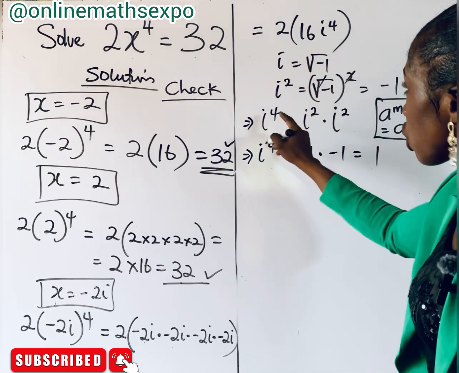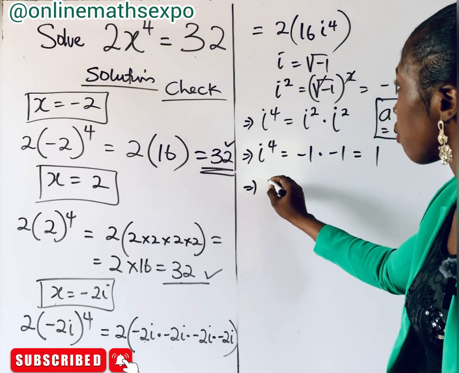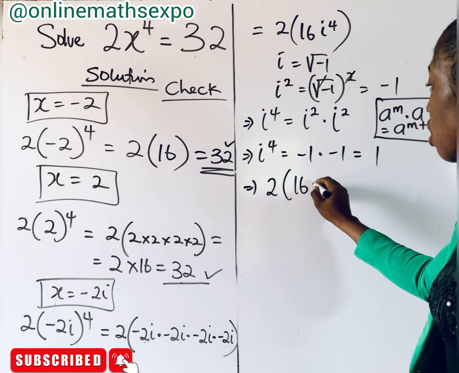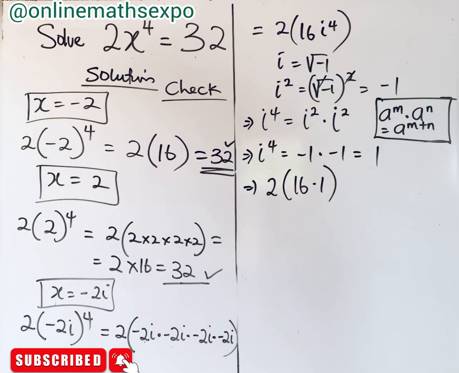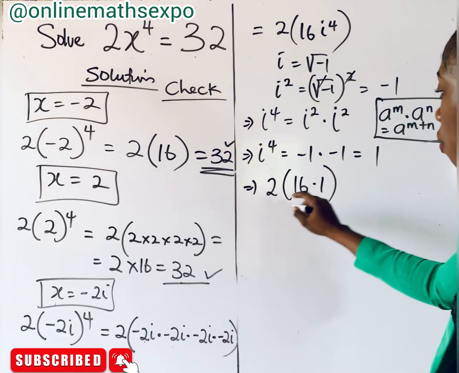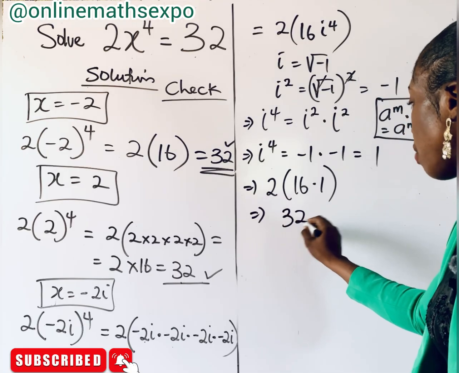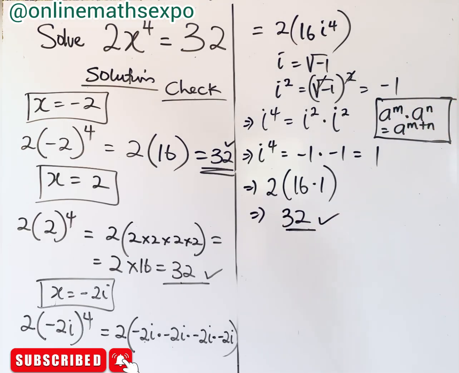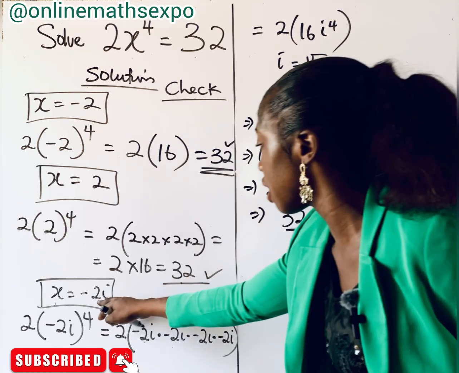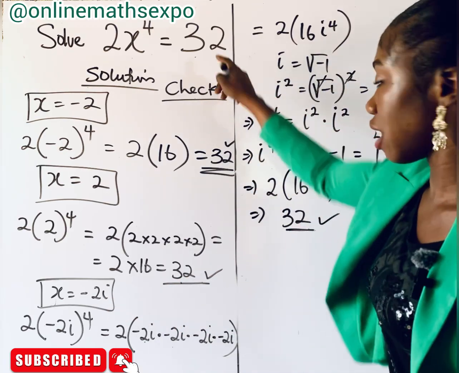So substituting it here, we are going to have 2 into 16 multiplied by 1. Did you see that? And 16 multiplied by 1 is 16. So we have 2 times 16 gives us back 32. So what is your observation? You observe that from when x is negative 2i, we still got back 32.